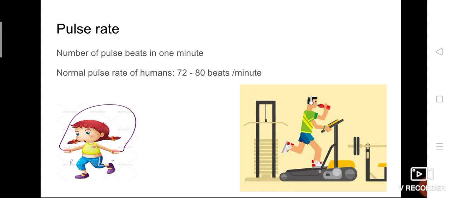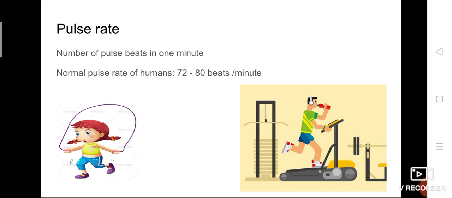Next we are going to see what pulse rate is. Pulse rate is the number of pulse beats in 1 minute. How many times you feel that throbbing vibration in 1 minute, that is pulse rate. If you touch either the wrist or neck and count the number of times it moves in 1 minute, you will see 72 to 80 beats per minute.